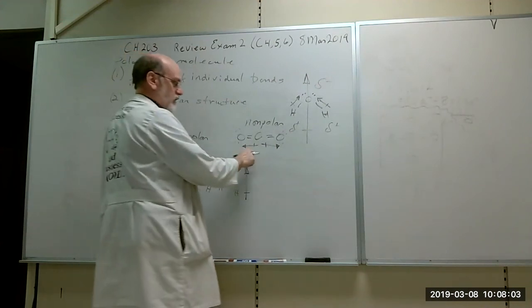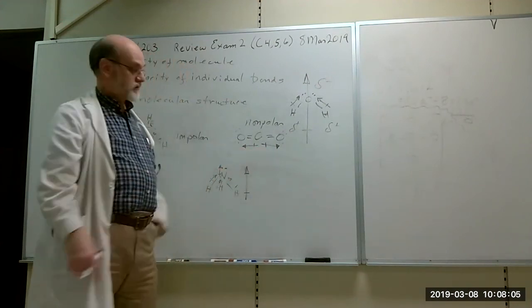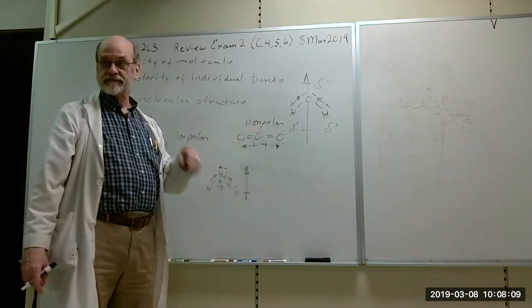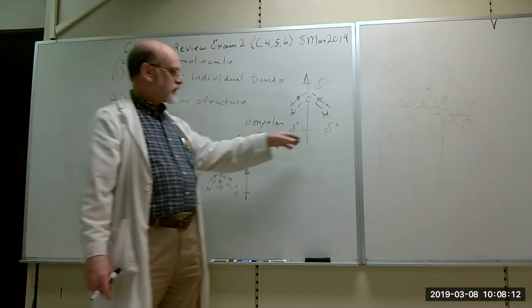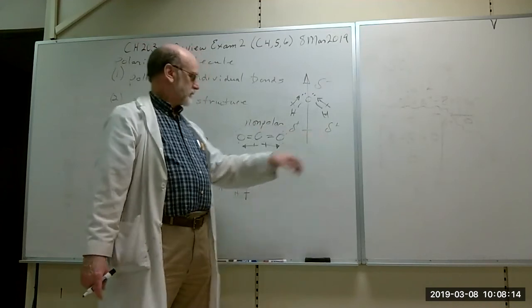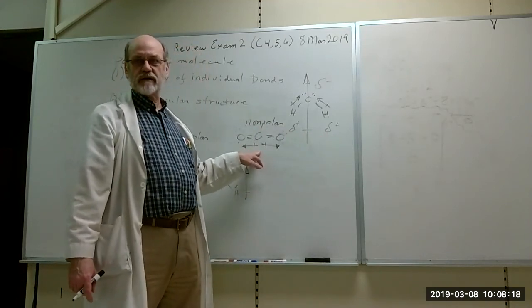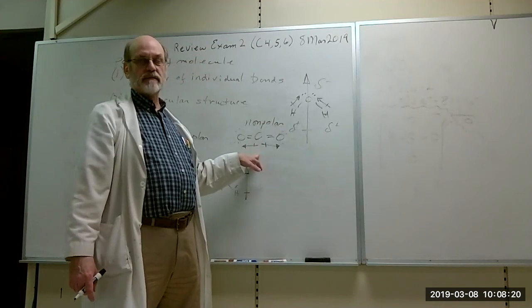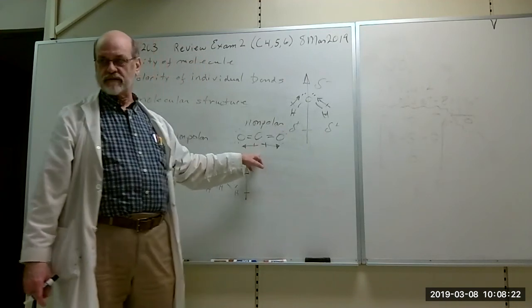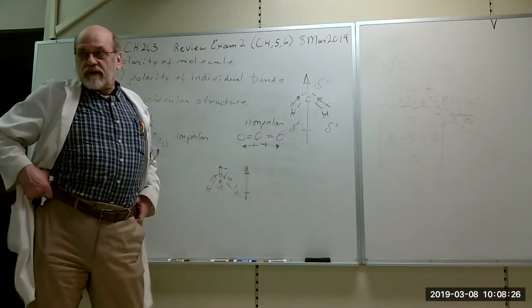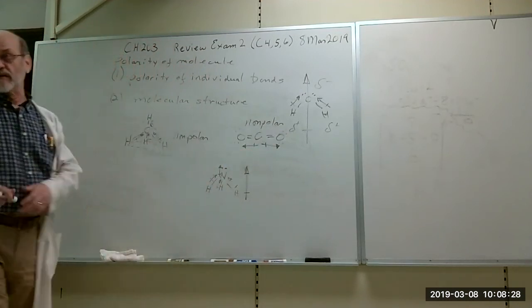For a nonpolar molecule at these temperatures and pressures, carbon dioxide is a gas because it's nonpolar. And water freezes at 0 degrees centigrade, and carbon dioxide becomes a solid at minus 78.5 degrees. So it has to get a lot colder for it to not be a gas anymore.